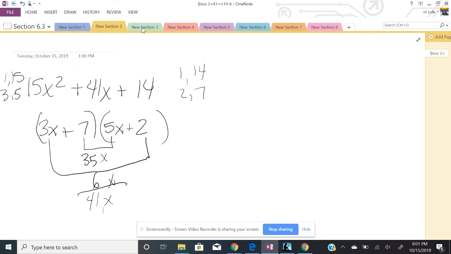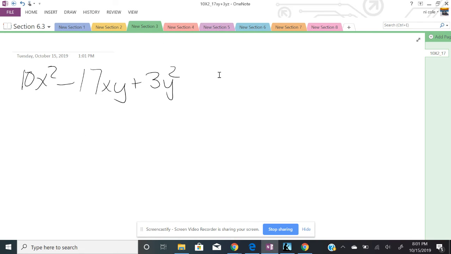All right, here's another problem. You have 10x squared minus 17xy plus 3y squared. Again, we can start with our 2 sets of parentheses. What makes 10? 1 and 10, 2 and 5. What makes 3? 1 and 3.